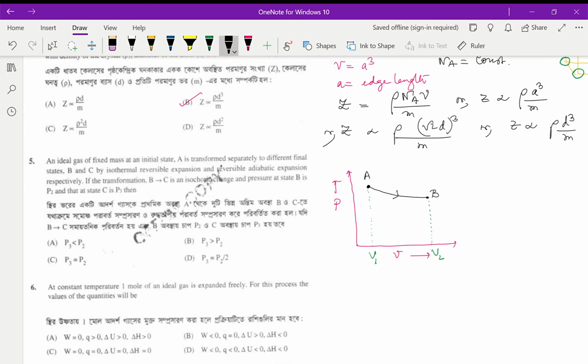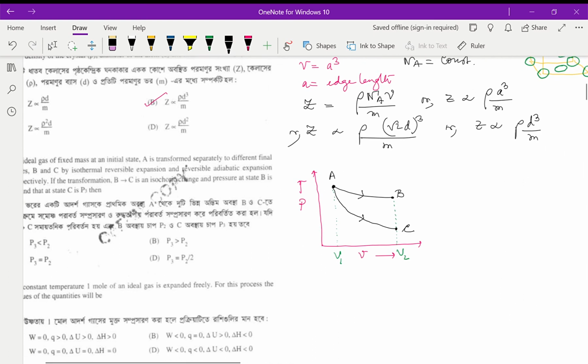Okay, that means you're going from here to here, and that is your C, and there also there is an expansion. So again you're going from volume V1 to volume V2, and there is an expansion.